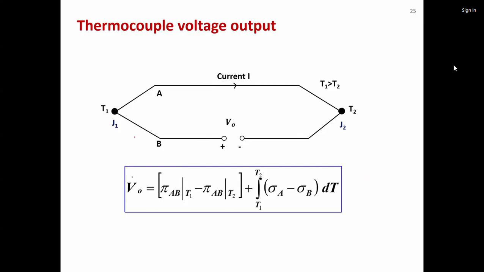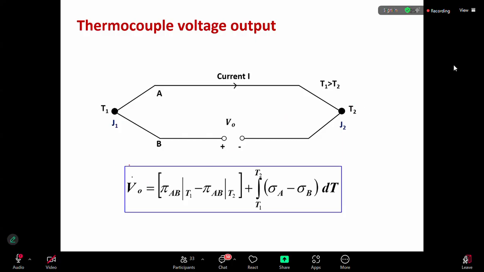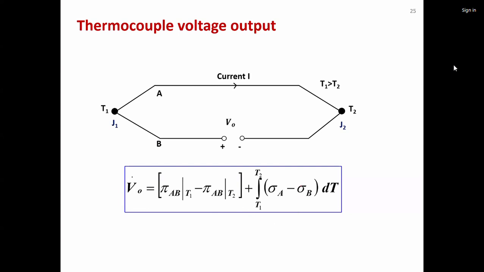So typically in a thermocouple circuit, when you have two junctions and two different temperatures maintained at the two junctions, the total EMF that is generated, the open circuit voltage, is going to be the sum of the Peltier voltage for this system plus the Thomson effect for this system.